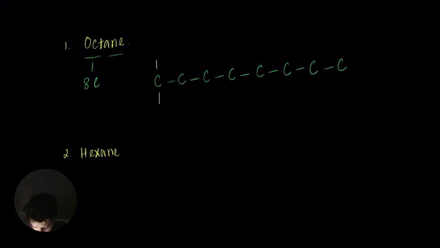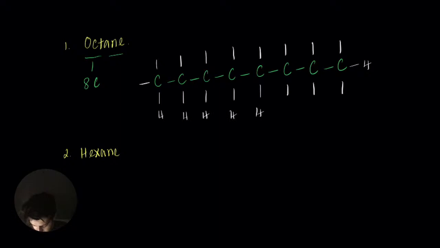One day I will. It's not completely horizontal. The struggle is real. I feel I put an extra carbon over here. If I count, that's 1, 2, 3, 4, 5, 6, 7, 8. I'm fine. Okay, that is octane, ladies and gentlemen.